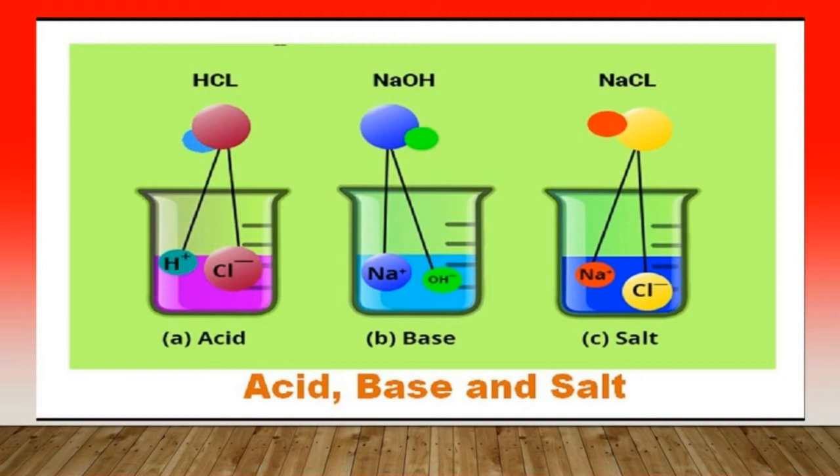In a salt, when an acid and a base react with each other, they form a neutral compound, that is called a salt. The examples given are hydrochloric acid for acid, NaOH for base and NaCl for salt.